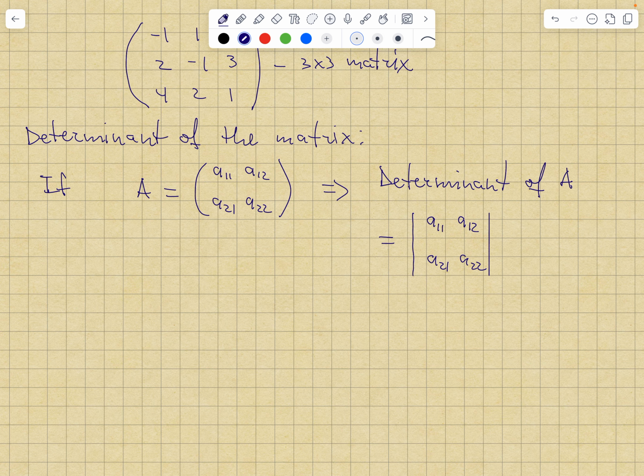So see straight lines is a determinant, see parentheses is a matrix. So this is defined as product of elements on the diagonal, it's called main diagonal, A11, A22, minus the product of elements on the secondary diagonal, A12, A21.